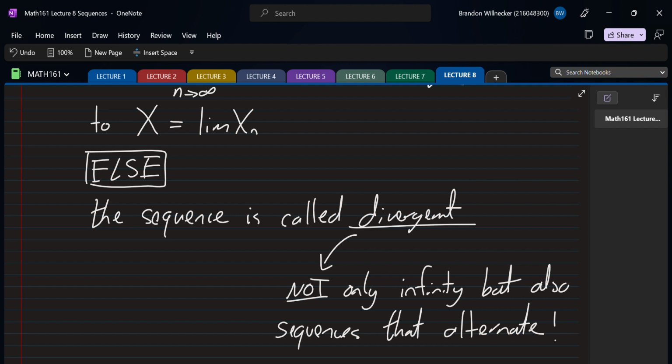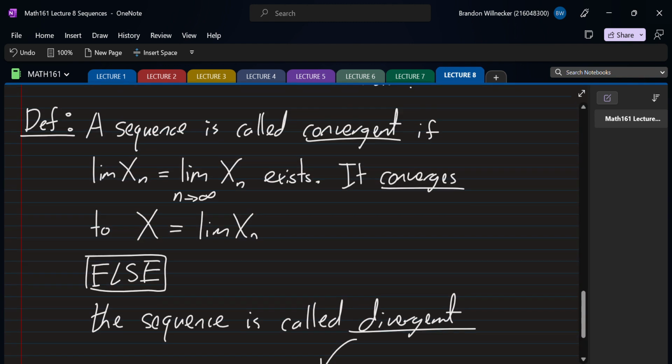So sequences that go off to infinity and alternating sequences are both divergent. Why? Because they're not convergent. If it's not convergent, it's automatically divergent, just by the definition. And this gives us a nice way of checking if a sequence is convergent or not. We look at this limit. If this limit gives us a nice value, then it is convergent.